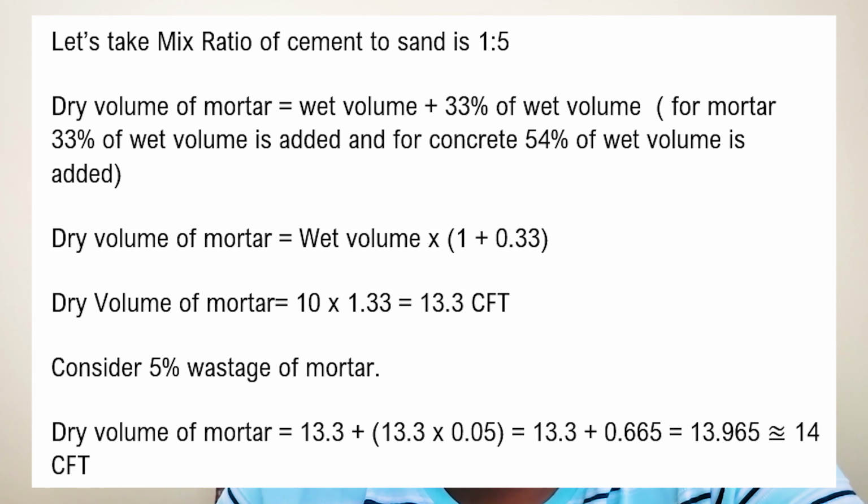We'll consider 5% wastage, that is 13.3 into 0.05. We'll get 0.665. This has to be added to 13.3. We'll get 13.965, approximately 14 CFT. So this is the dry volume of the mortar.